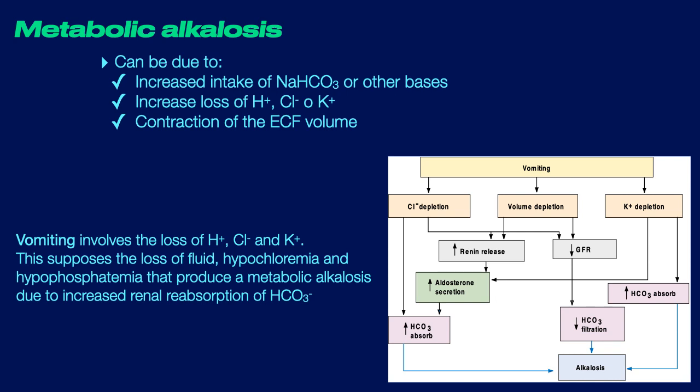This may happen associated to vomiting. We already mentioned this in a previous lecture. When vomiting, you lose a lot of volume and many of these electrolytes. But this is even worse when the kidneys try to retain water and bicarbonate is retained with it, decompensating the pH.